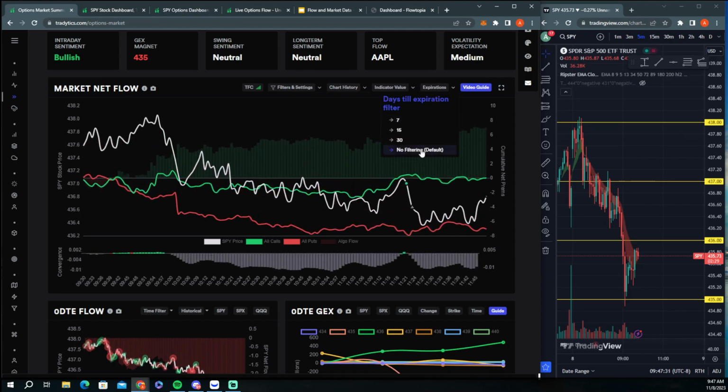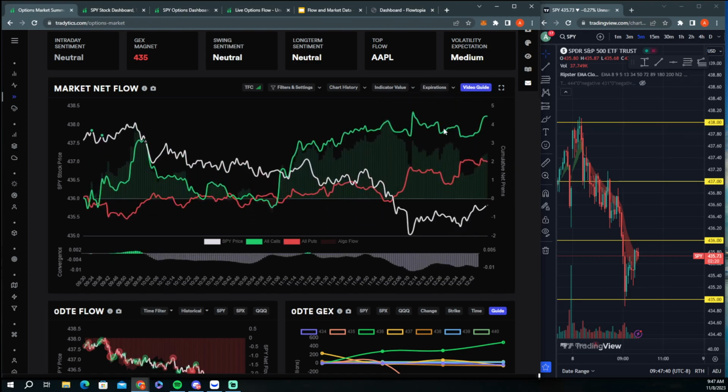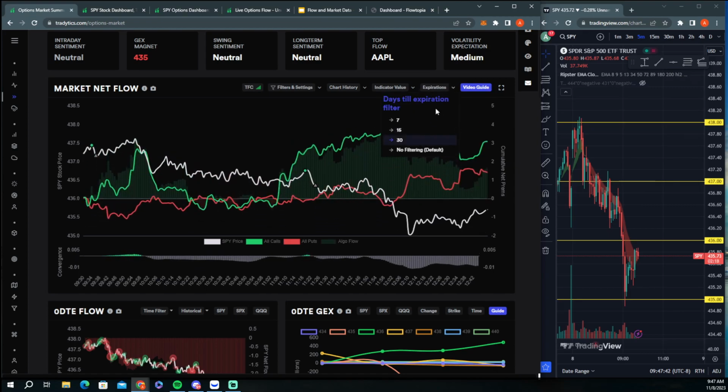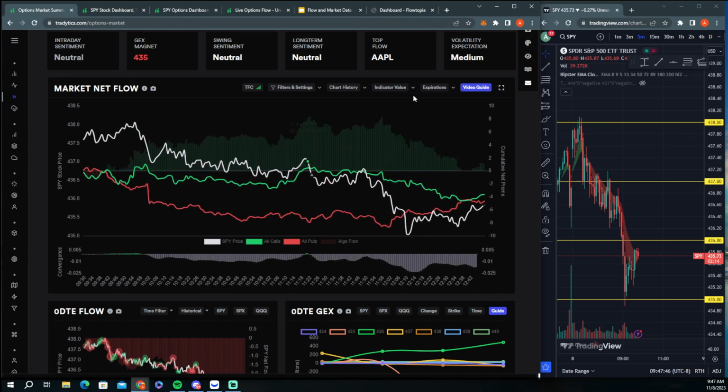So no filtering is just all expirations, but you can change to 7DTE, so these are a 7-day expiration filter, 15, and then 30. I hope that makes sense. But for the most part, I just use all expiration data. I don't really flip-flop. It's good to see the other ones to line up what you're seeing on the data. But for the most part, I just use the all expiration, no filter setting.